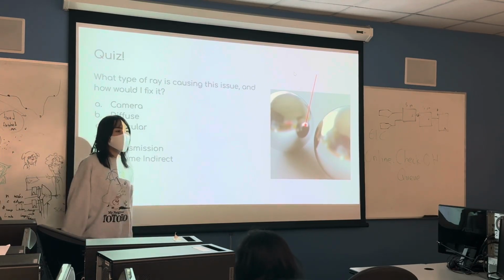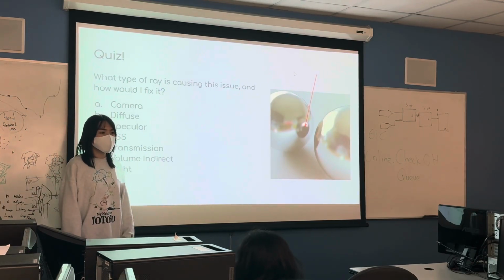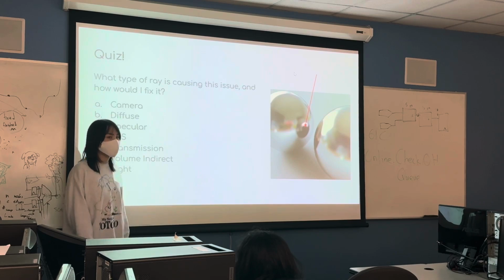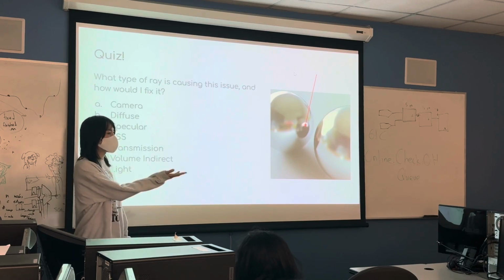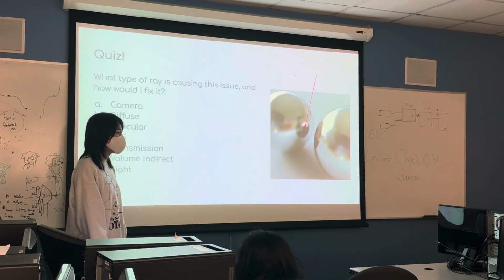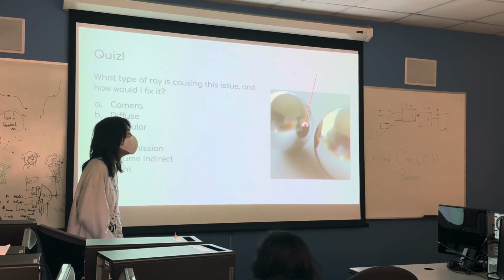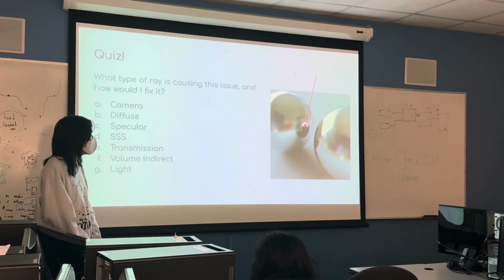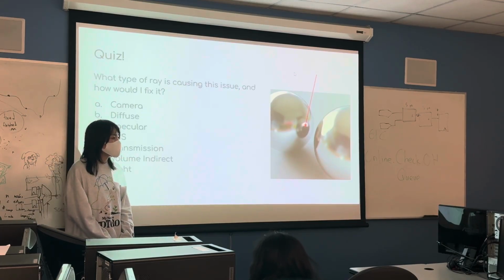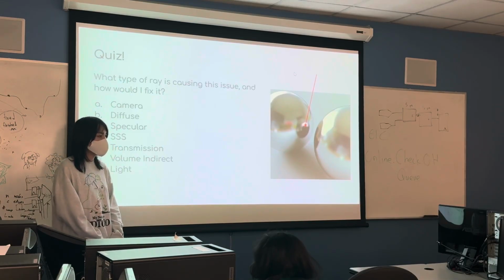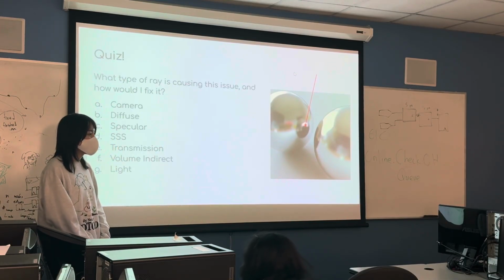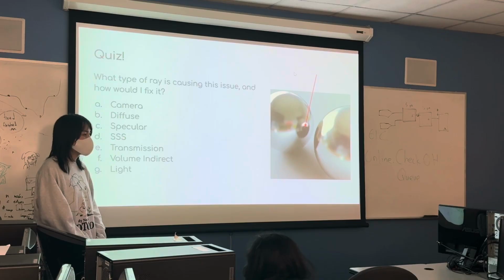Okay, does anyone have any ideas? Yes? Is it that there's not enough light? Can you be more descriptive? Well, see, that's dark, like black basically. I feel like the way that the light is angled makes it to where that's the dark spot.